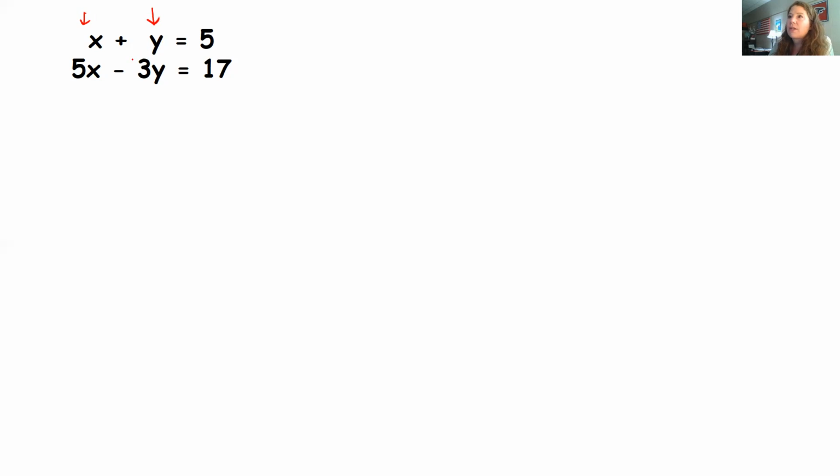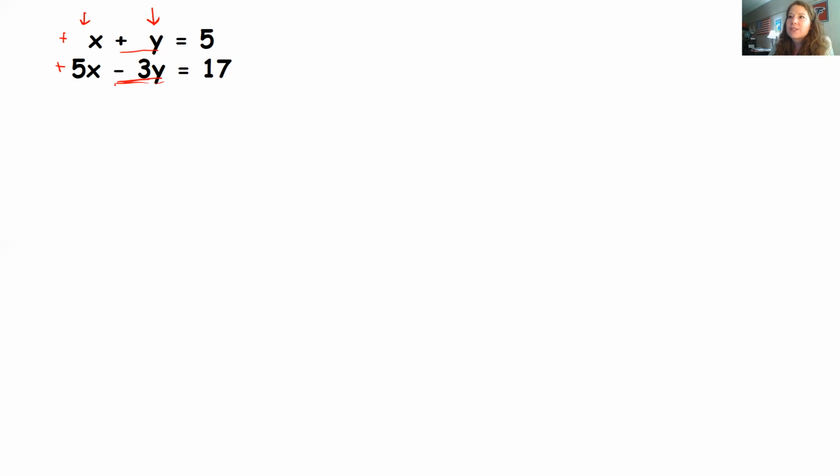So it doesn't matter which number you pick. Normally I would pick the smaller number, just because I can. So one thing you can look for is opposite signs. These two are both positive, but the y's have opposite signs, so that's going to make it a little bit easier for us if we just concentrate on the y's.